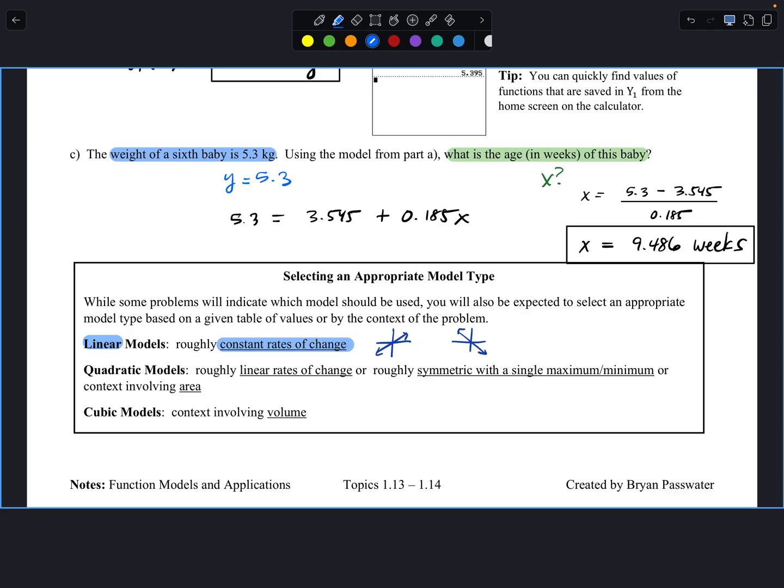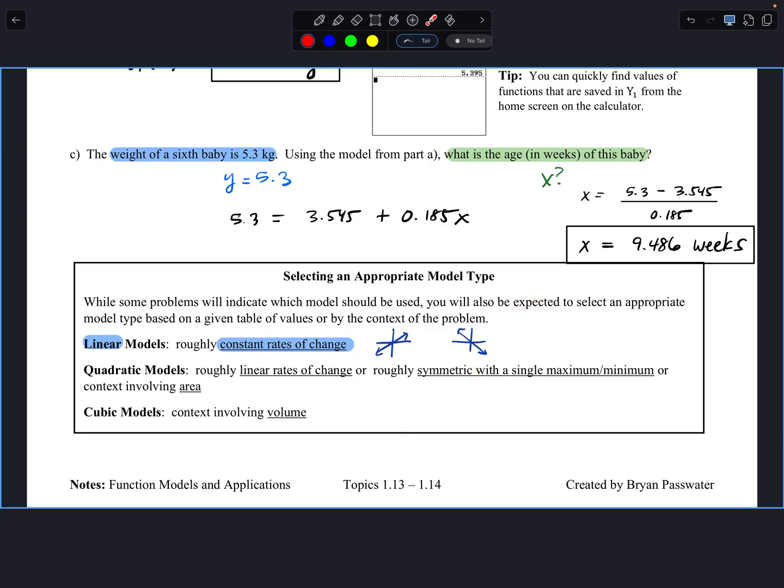Quadratic models. Think about a parabola. A parabola either has a max or a min, right? So your table is going to have values that go up, up, up, and then start to go down, down, down. Or they go down, down, down, and then start to go up, up, up. Okay?